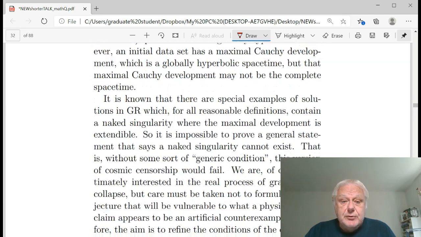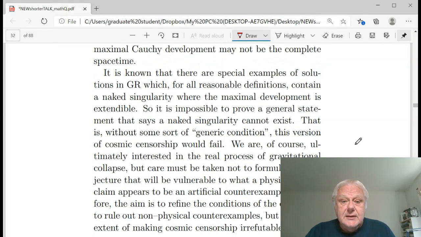So people try to prove sub-cases, if you will. One of the problems that arises is that there are known solutions of general relativity in which there are no singularities, or in which there is a singularity but it's not enveloped by a horizon, event horizon.